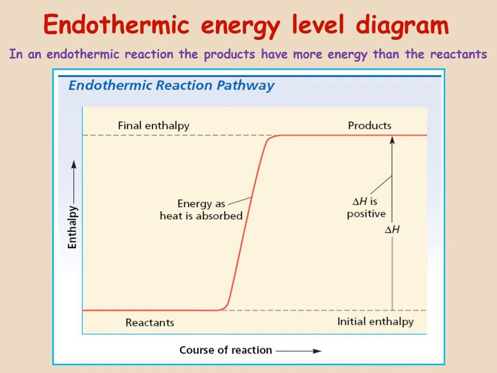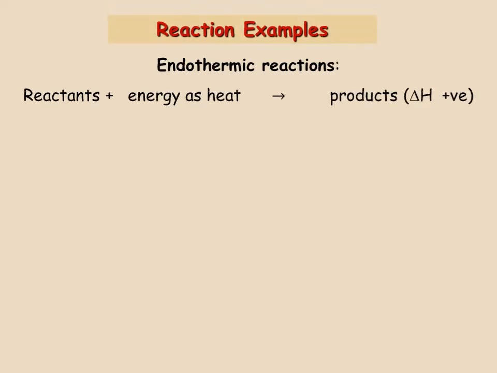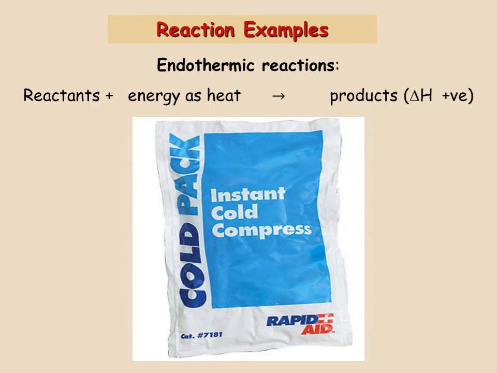While the reaction is progressing, heat energy is absorbed. That's the reason why products are above the reactants. Okay, children? Let's look at some examples. Here is the opposite of hot packs: a cold compress.